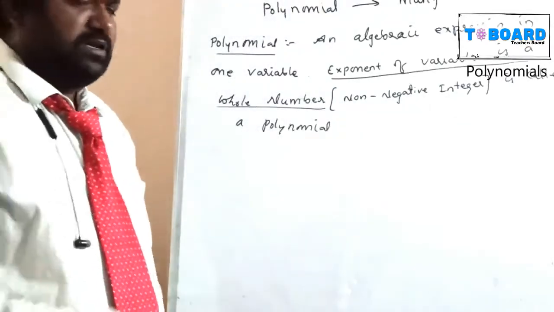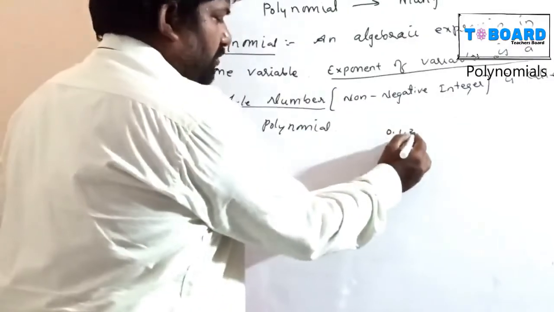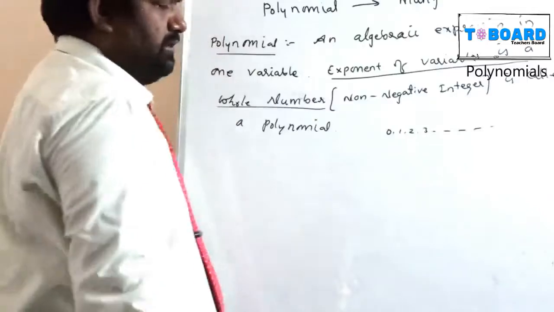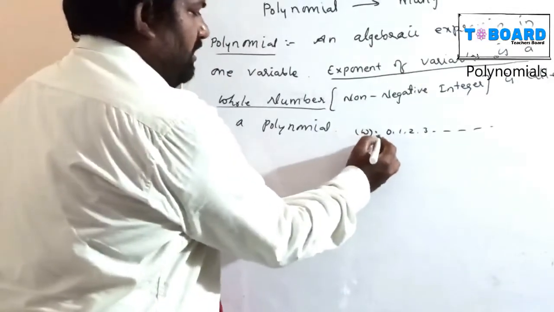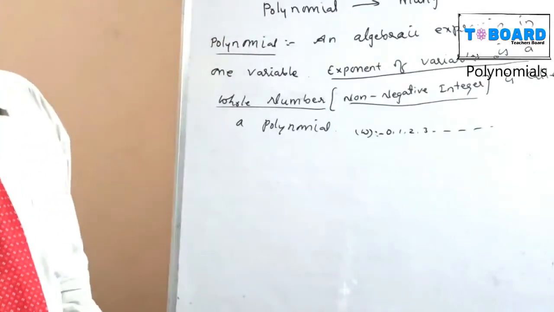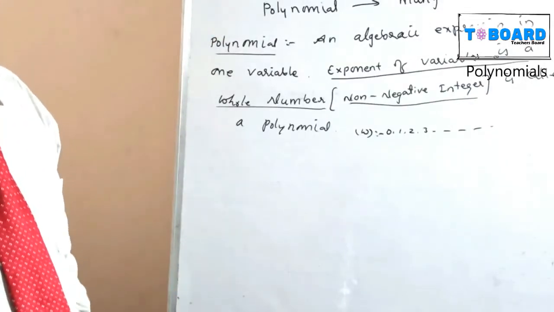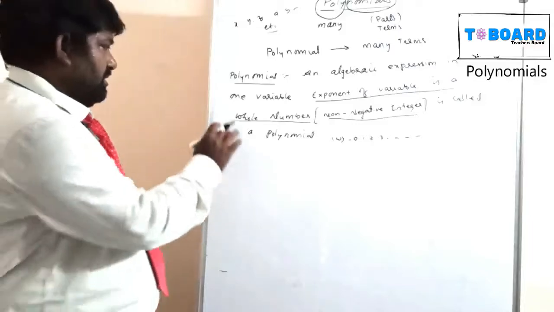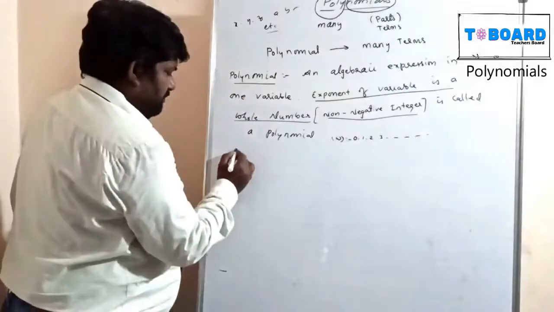Whole numbers means 0, 1, 2, 3 and so on. Whole number means non-negative integer. Non-negative integers are whole numbers. Both are the same.